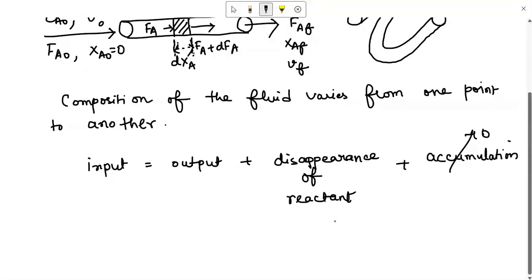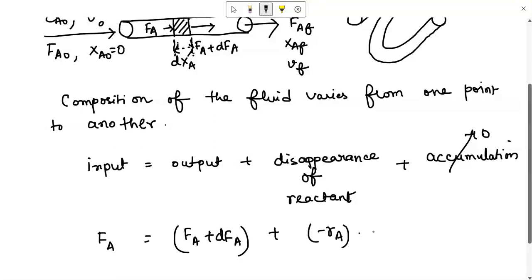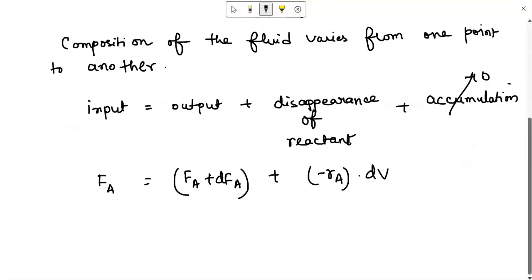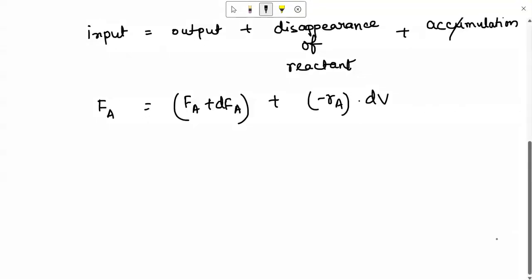On the input side you have FA across this differential volume, and at the output point you have FA plus dFA, plus the disappearance term written as minus rA multiplied by dV. This is your material balance equation.